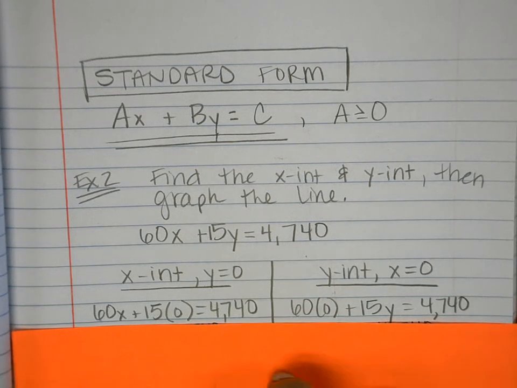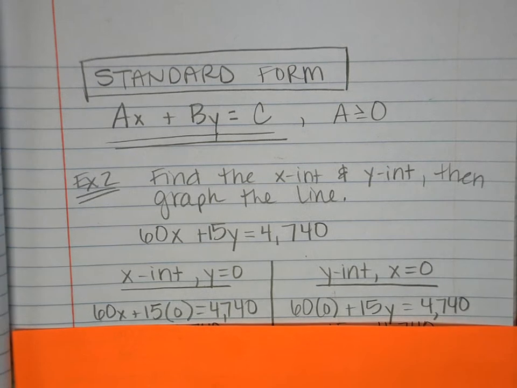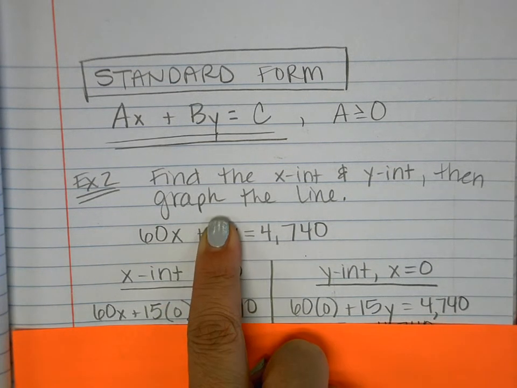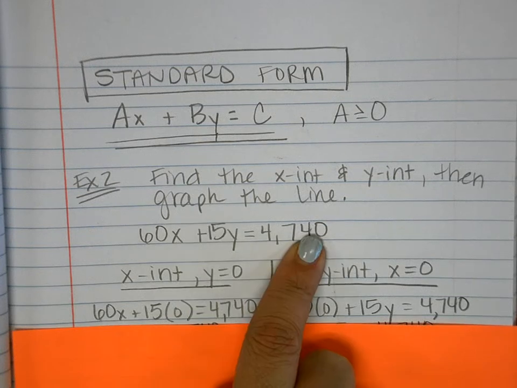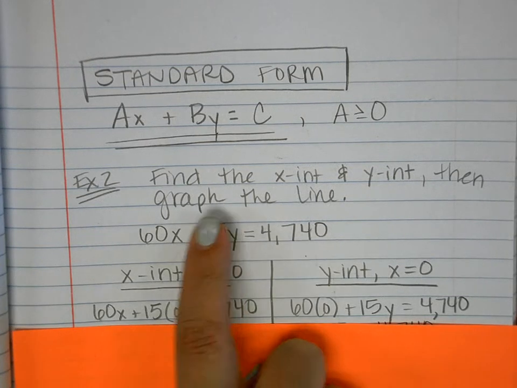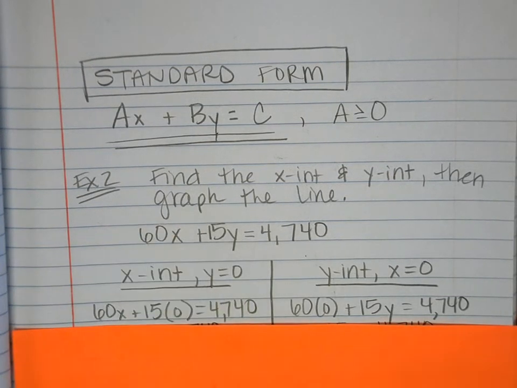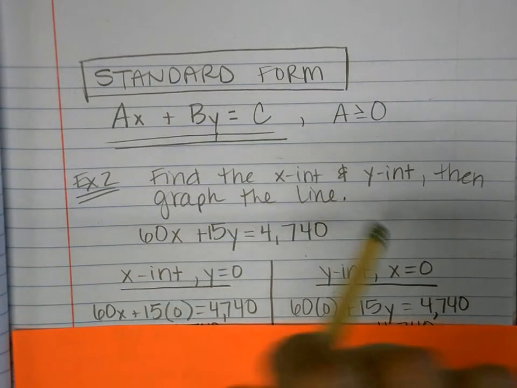So you could put your finger over it. You don't really have to write the 0. Like, say if I want to go back to this one. If I'm going to make 15y 0, all I have to do is put my finger over it instead of writing it and then divide 60 into there. This one, I could put my finger over it. You could put an eraser over it if yours is smaller. I wrote really big.